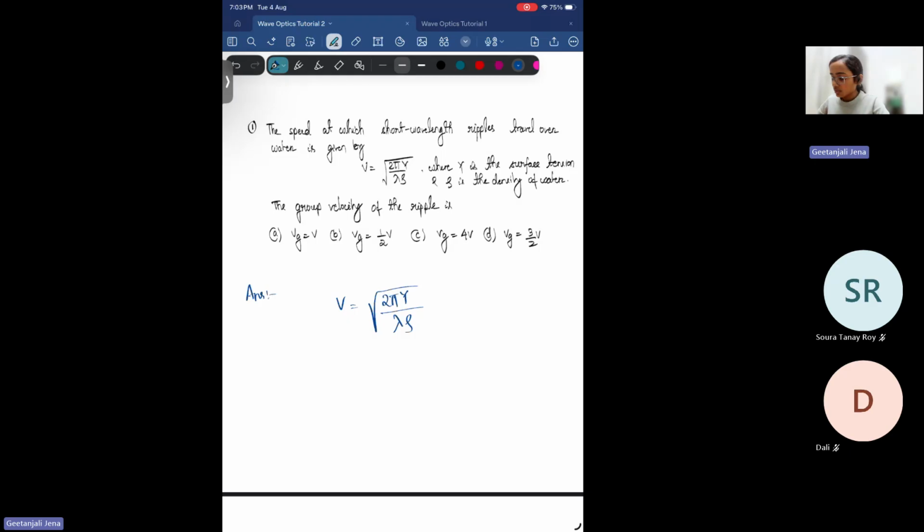So for this ripple, you need to calculate the group velocity. Let me give you 3 minutes, calculate it, and let me know the answer. It's quite easy. Just recall the expression for the group velocity that we have seen in the lecture, and relate it with the expression that is given here.